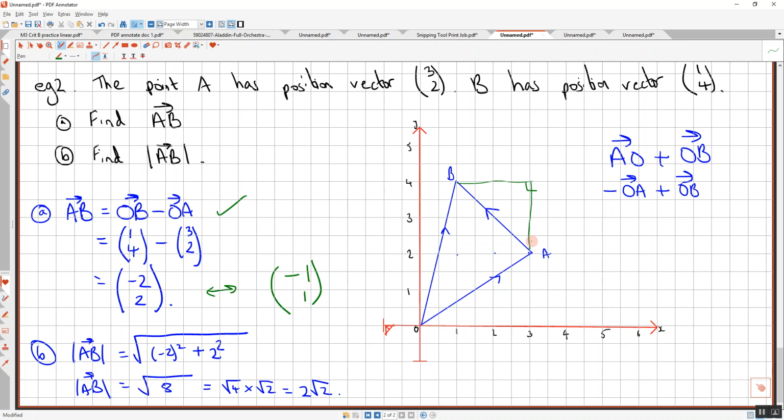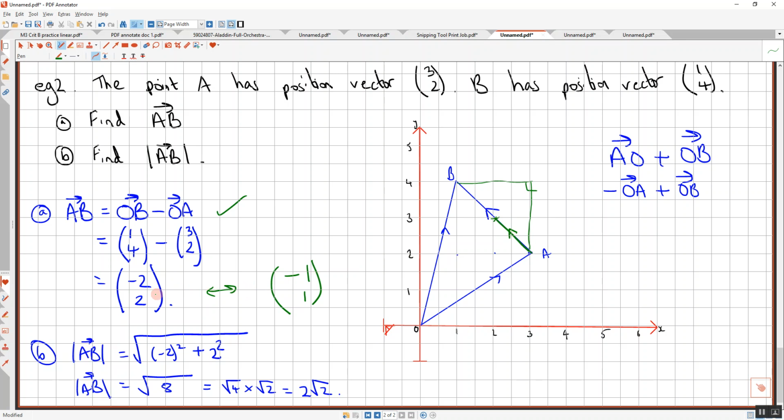If I was to draw a negative 1, 1, it's going to be that green line there, yeah? So what can you tell me about its magnitude compared to the magnitude of AB? It's half of it, okay, which we can see. The points are actually half, so the magnitude is going to be half, all right? But it's got the same direction.